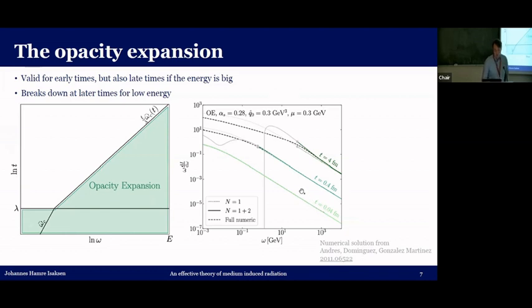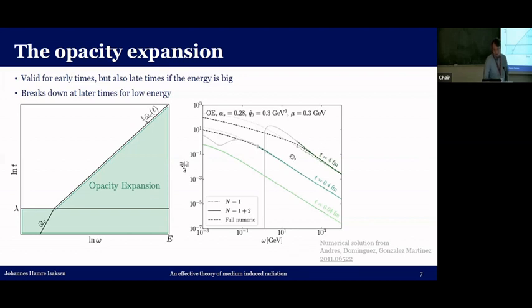We compare to the numerical solution that Carlotta was talking about earlier, and you can see that at early times, which is down in this area, the green curve matches almost perfectly. But at later times, it matches for high energy, but at some low energy it starts to move away from the dashed curve, which is the numerical solution.